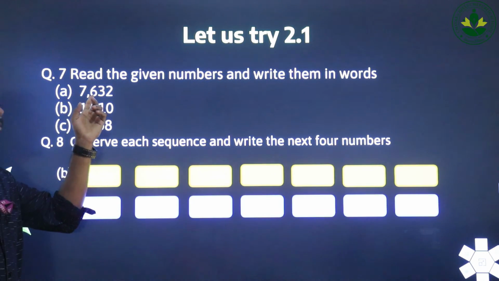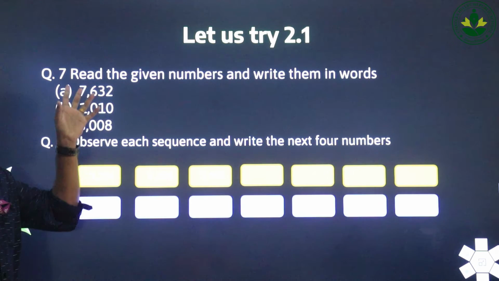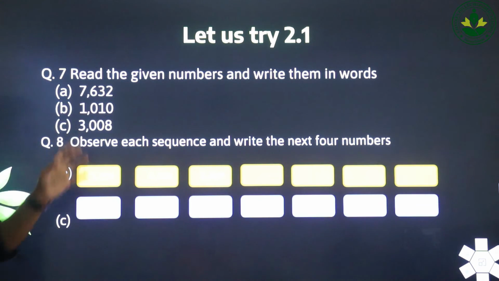7,632. It is a 4-digit number, so the highest place is the thousands place.